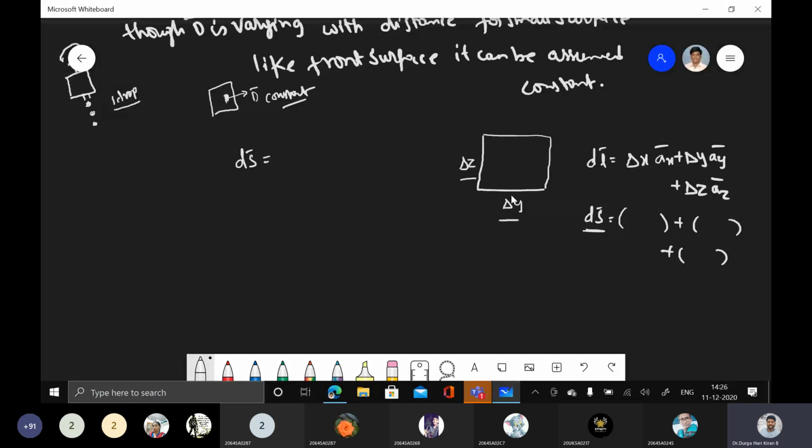You can post the answer into the chat box. How to write the differential surface for this particular part. This is the front part. When writing for the front part, what should I write for dS bar? There are 3 terms here, 1 2 3. Out of these 3 terms, only 1 term will come. dS is equal to something multiplied by a unit vector.